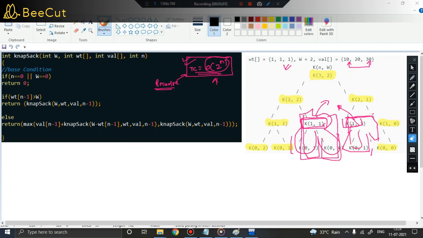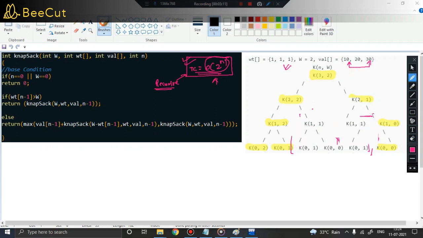What can we do? The first time you encounter this particular function K11, we should check whether we have already calculated this value before. If we have not, we will store the value in a table. The next time you come across this call, it will check whether this function was already calculated before.